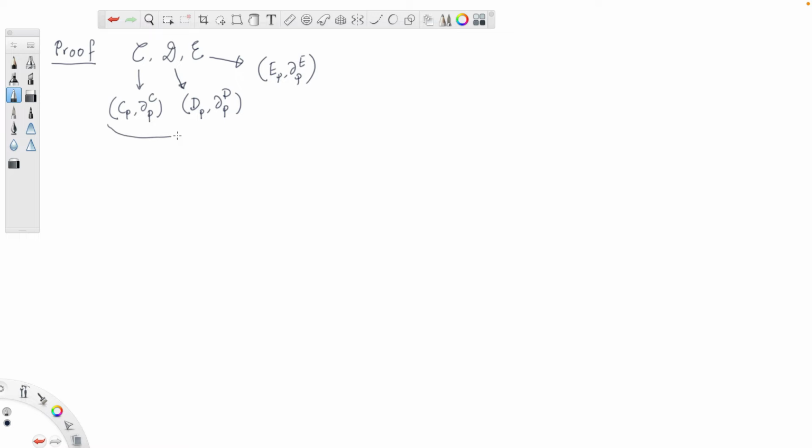Okay, so here CP, DP, and EP are abelian groups, and phi, psi, alpha, beta, gamma are all chain maps.